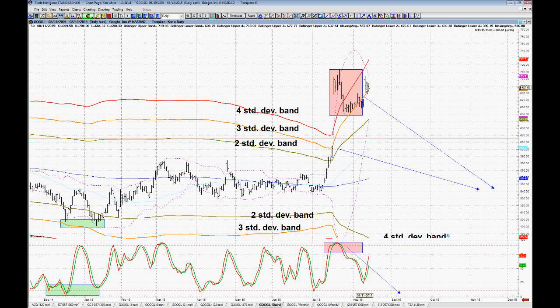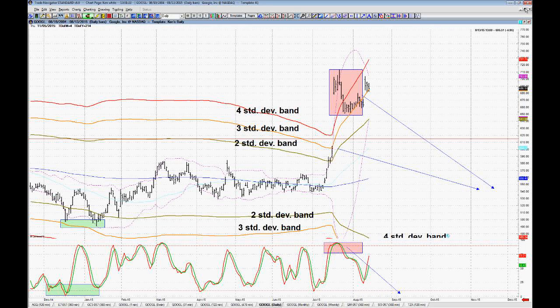So that's why it's failed to get above the 4 this time. It's going to break down through the 3 and head down towards the 2. And then the next year to year and a half, we should see Google much below the 600 level, getting back to the neutral zone around the 200-day moving average.